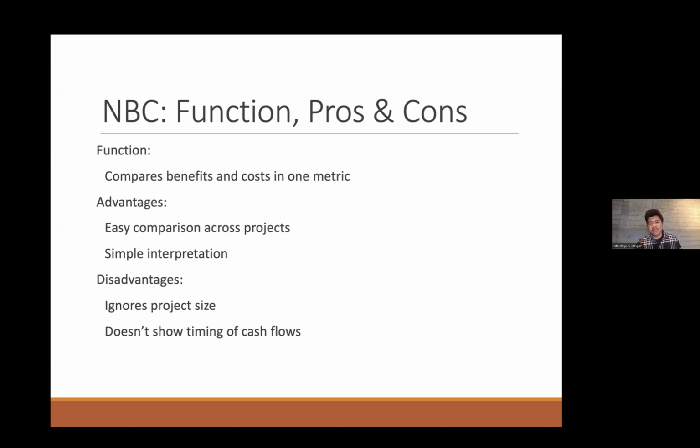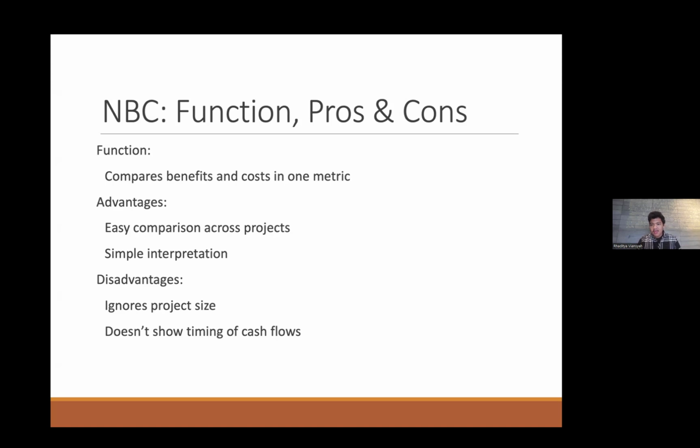And the disadvantages: it ignores the project size and doesn't really show the timing of the cash flows. So the challenge is to get the cash flow at a good moment in time.